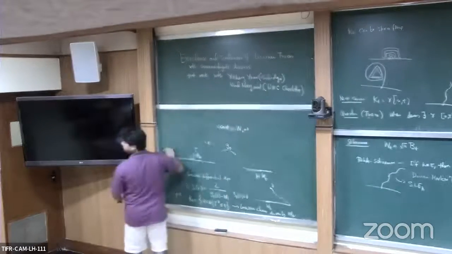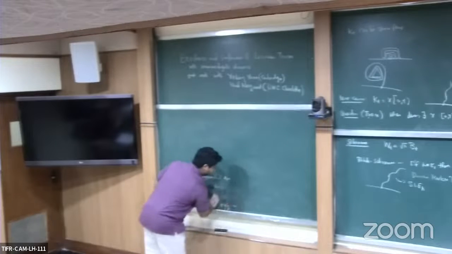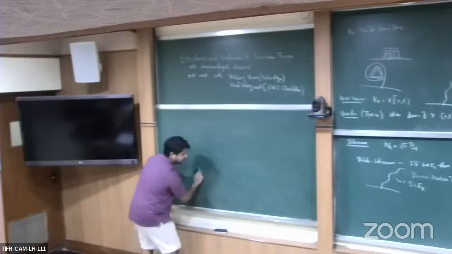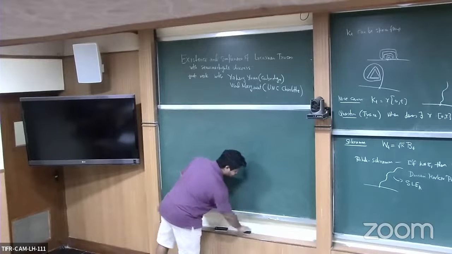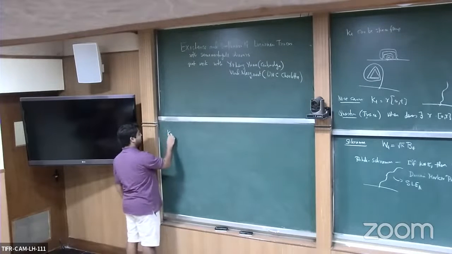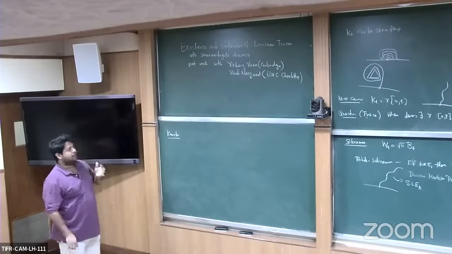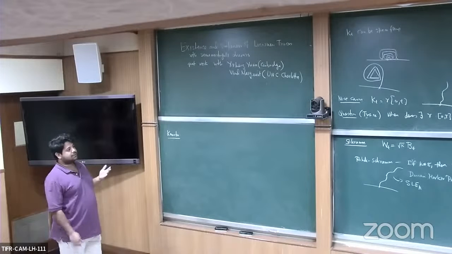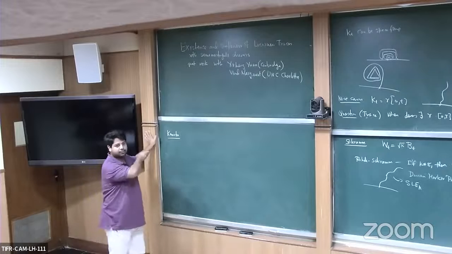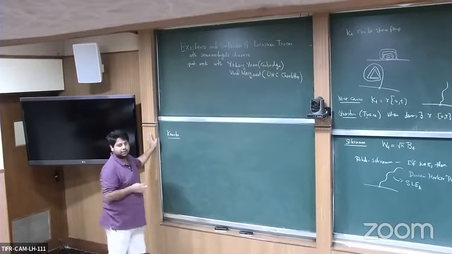So let me erase this. The story of non-constant kappa starts with the work of Komatsu. So far, in this theory that I've been developing, everything was done in a fixed ambient space, which was the upper half plane, a very nice, simply connected domain.